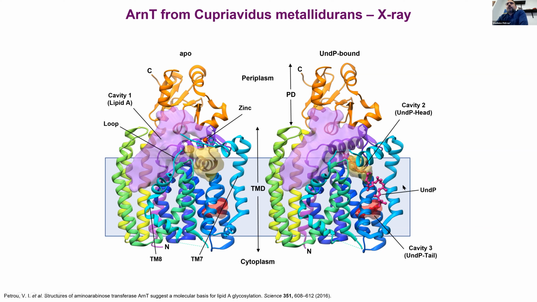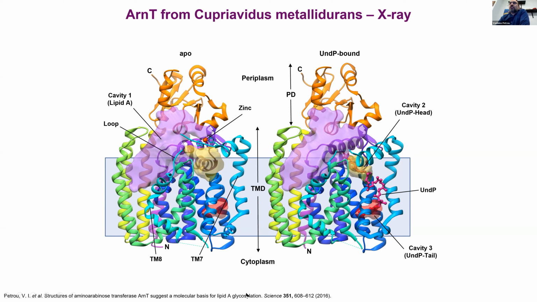So from this, we only had essentially half of the information, because we knew how the donor potentially binds, but we didn't have much information about the acceptor, which is lipid A. And of course, we observed this big cavity shown over here in purplish color.